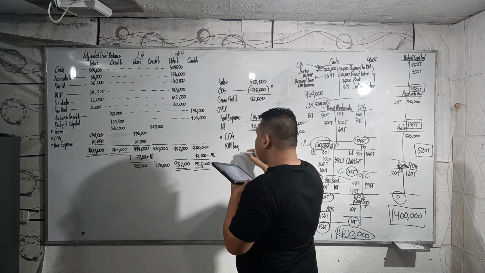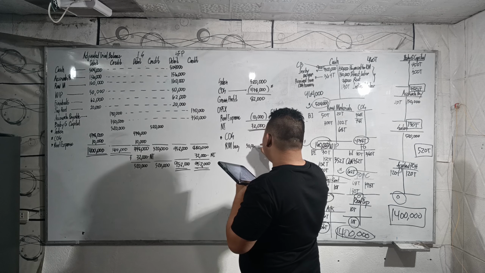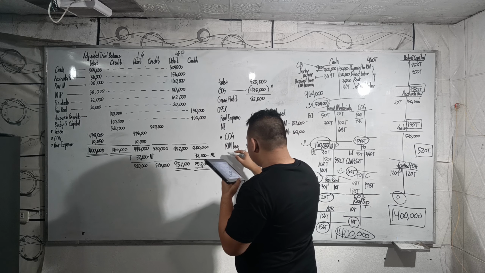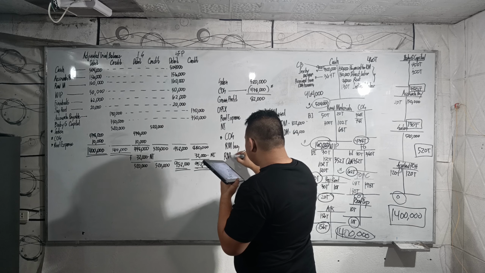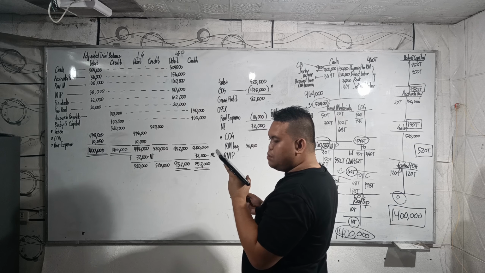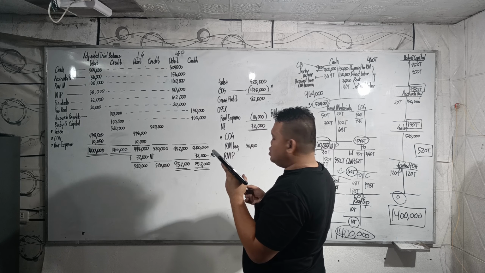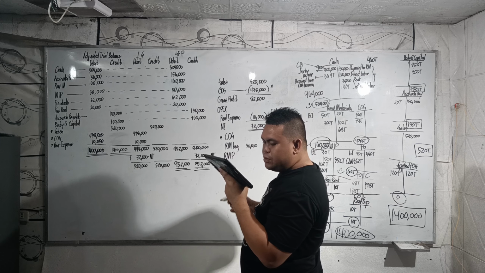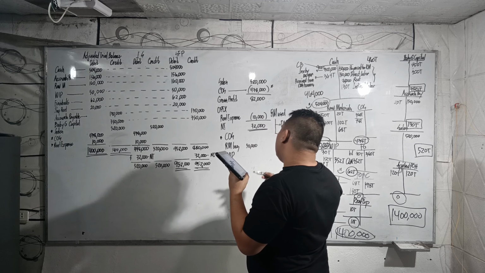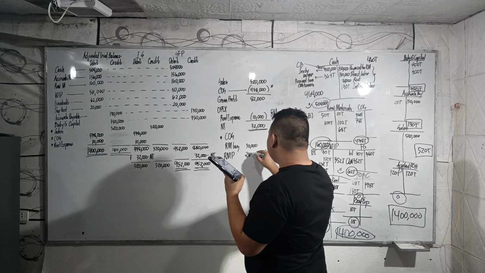beginning. And based on the problem, the raw materials beginning is actually 50,000. And then you go to the raw material purchases. On the raw material purchases, if you wanted to be direct about it, you have purchased raw materials of 300,000, both direct and indirect. So you can put 300. However, there is a return of defective raw materials worth 20,000. So the net raw material purchases, if you wanted to be direct, it's 280.